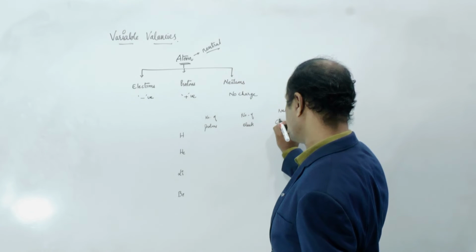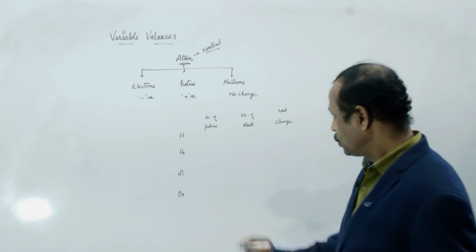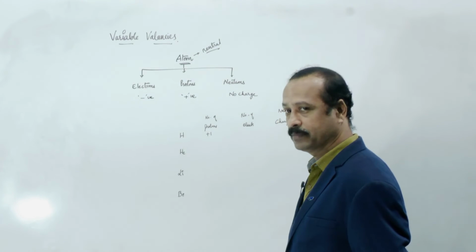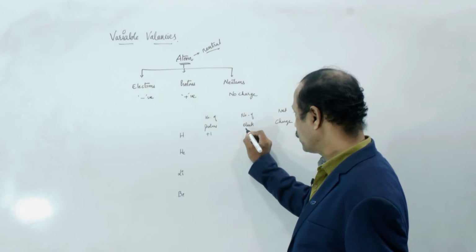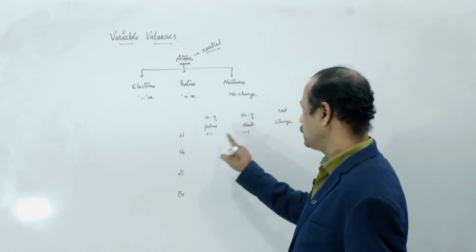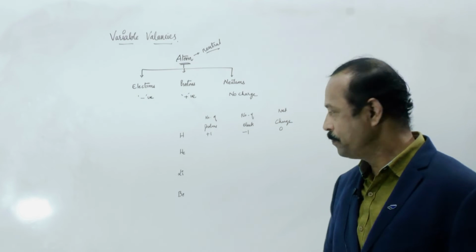Hydrogen has one proton, plus 1, and one electron, minus 1. Plus 1 minus 1 is 0.